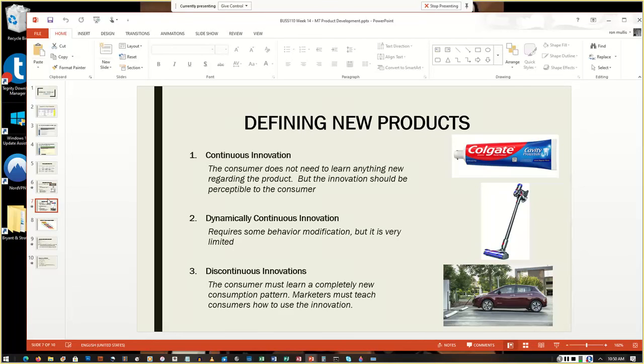For a dynamically continuous innovation, that does require some type of behavioral change, but it's limited. So just think about the Dyson stick vacuums. That's a good example of a dynamically continuous innovation. The Dyson stick vacuum has a sleek, unique design.